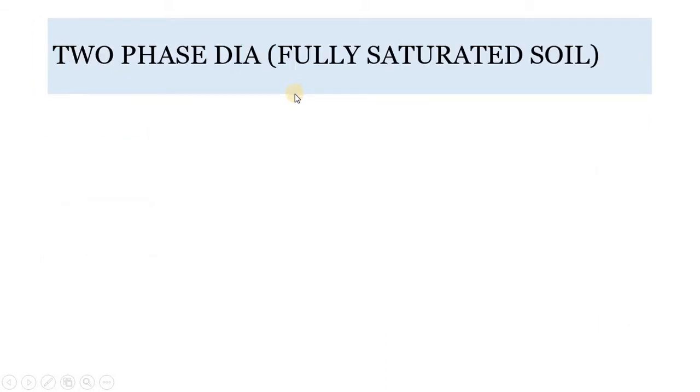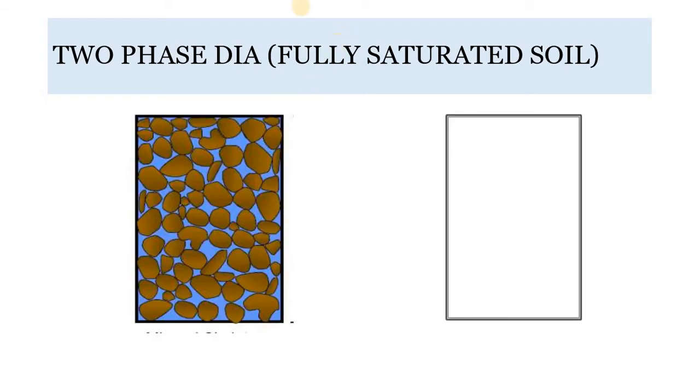Next, the two-phase soil system. When soil is fully saturated, it means the water content in that soil is up to its saturation level. In the figure, the soil is saturated by water and all the air voids are occupied by water molecules.